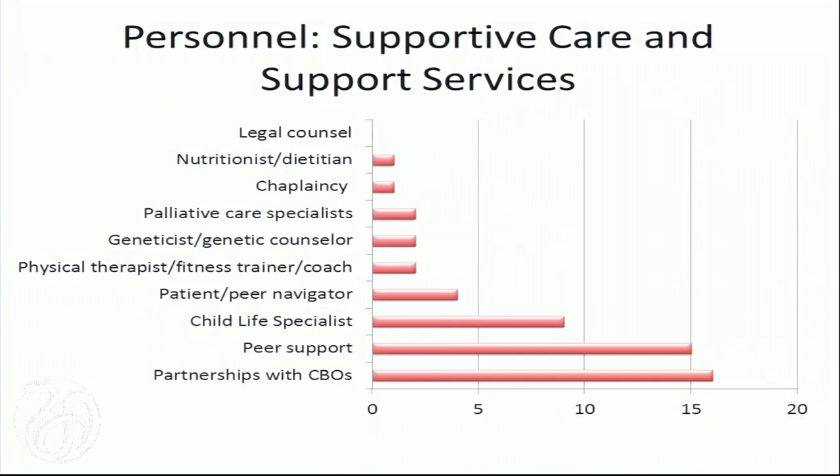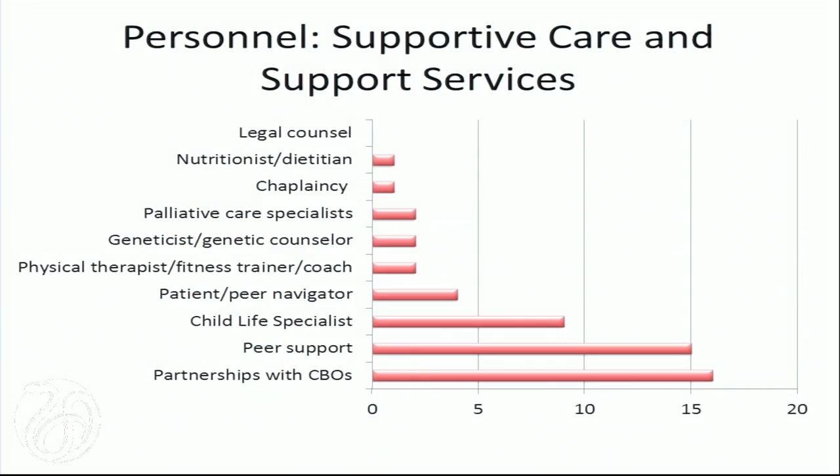So here you can see, again, the list of personnel comes from the published JCO paper identifying different kinds of services or service providers. You can see they've been organized from the fewest number of programs to the most number of programs. And those numbers down at the bottom are how many AYA programs say that they have one of these people.